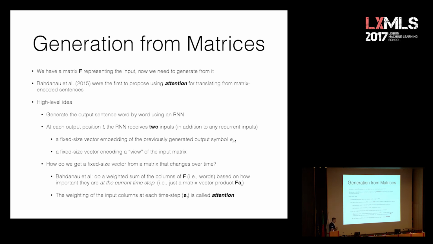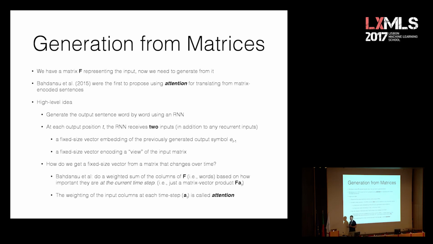The approach proposed by Dmitry Bahdanau, who was interning in Montreal at the time, was to do a weighted sum of the columns of F based on how important they are at the current time step. If you think about what a weighted sum of columns in a matrix is, if we've got a weighting vector a, of length n, where n is the number of columns, and we've got this matrix F, that's just the matrix-vector product Fa.